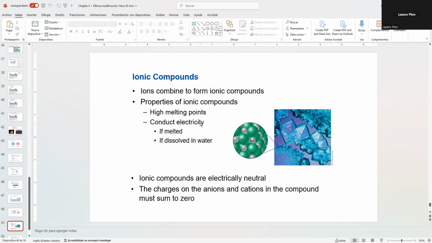They conduct electricity if melted or dissolved in water, but not in the solid state. Ionic compounds are electrically neutral because they have the same number of negative charges than number of positive charges. So the sum of anions and cations charges is 0.